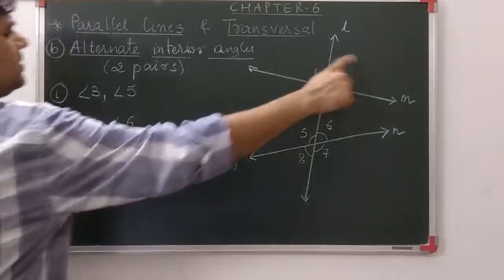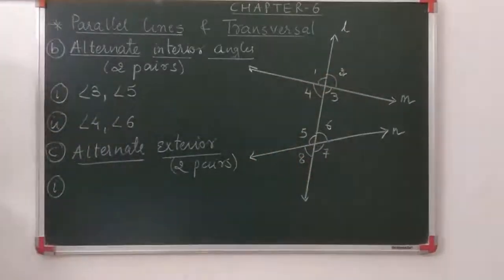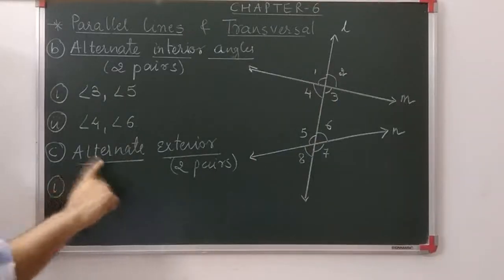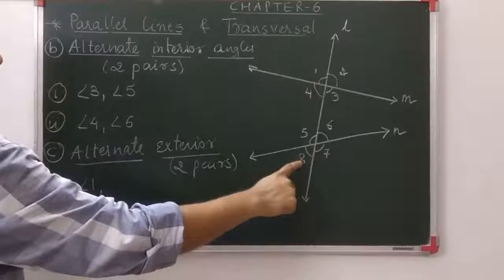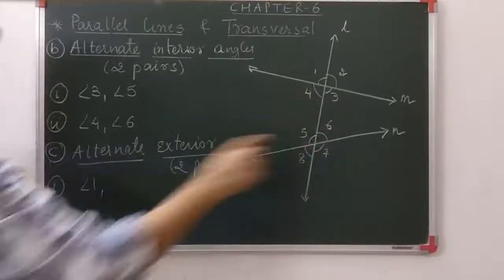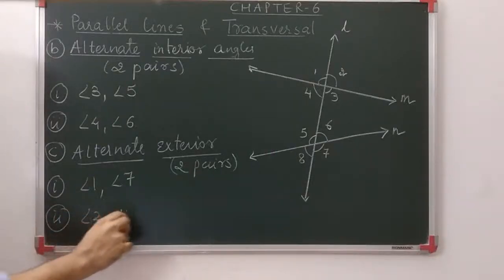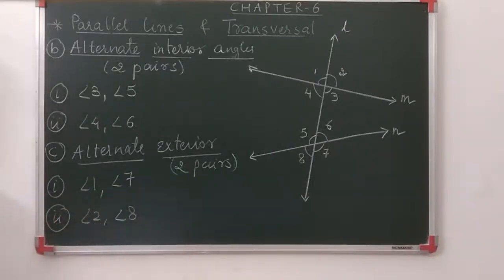So it can be 1, 2, 8 and 7. So 1, again it's alternate. The 8 is on the same side, so we have to take 7. So 1 and 7 is one pair of exterior, then 2 and 8. So we can see these are the pair of alternate interior angles and pair of alternate exterior angles.